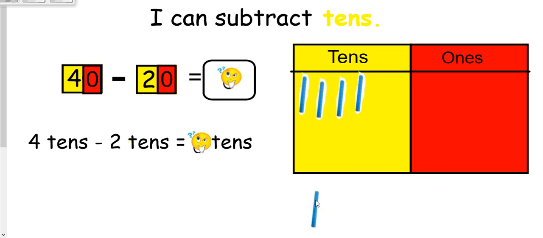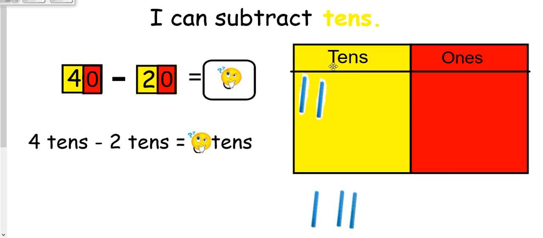So I need to do something with 2 tens. Am I going to put 2 more tens on my place value chart? No, I'm going to take away or break away 2 tens. That's what the minus sign tells me to do. So I'm going to take away or subtract 2 10 sticks. 1, 2 tens.